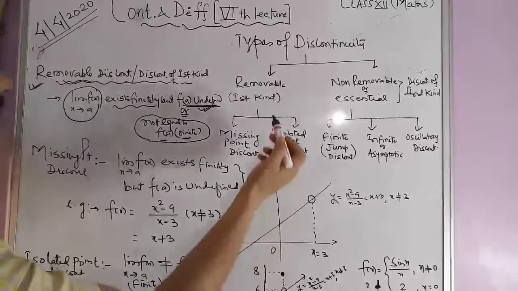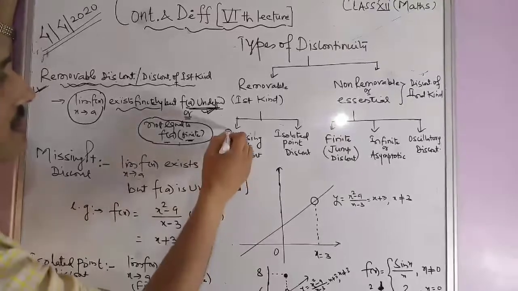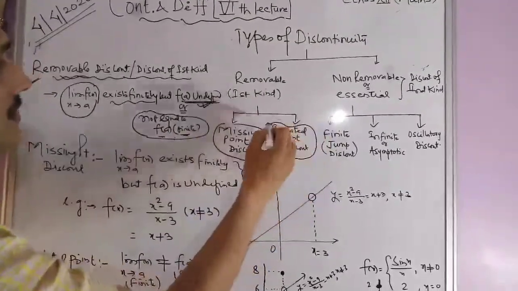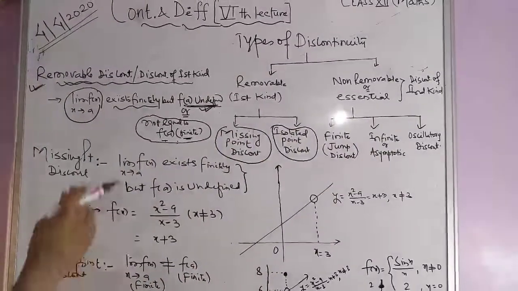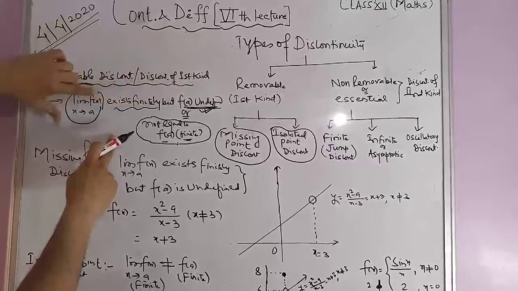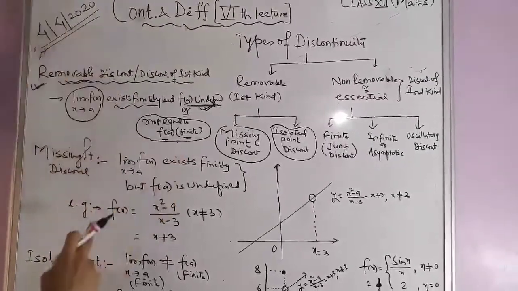We further divide removable discontinuity into subcategories: missing point discontinuity and isolated point discontinuity. Here we have two options: f(a) undefined, or limiting value not equal to f(a), where f(a) is a finite number.